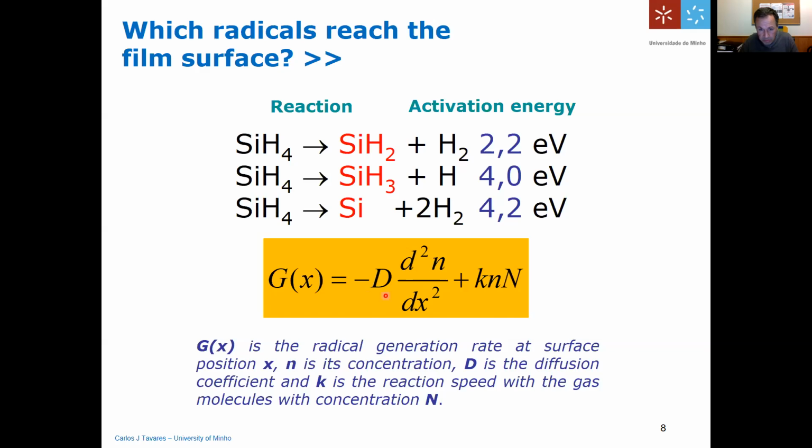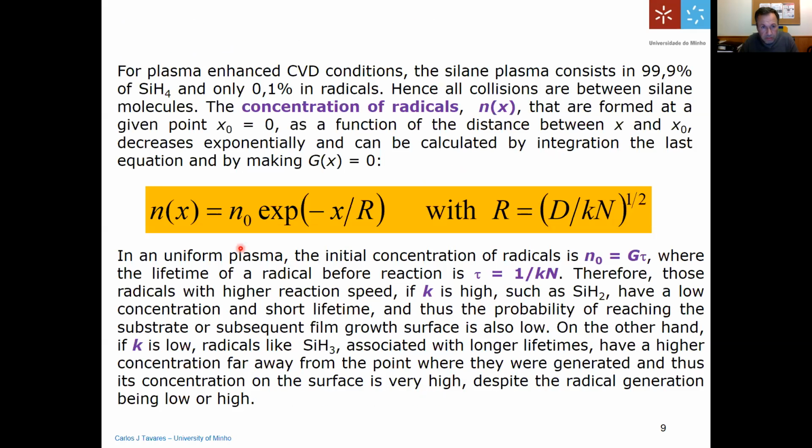So let's take a closer look at how we can interpret this equation. For example, for plasma enhanced CVD conditions, where you need to have a plasma to break down the precursor, in this case the silane, when you activate the silane with the plasma, this silane plasma consists of about 99.9% SiH4, and only about 0.1% radicals.